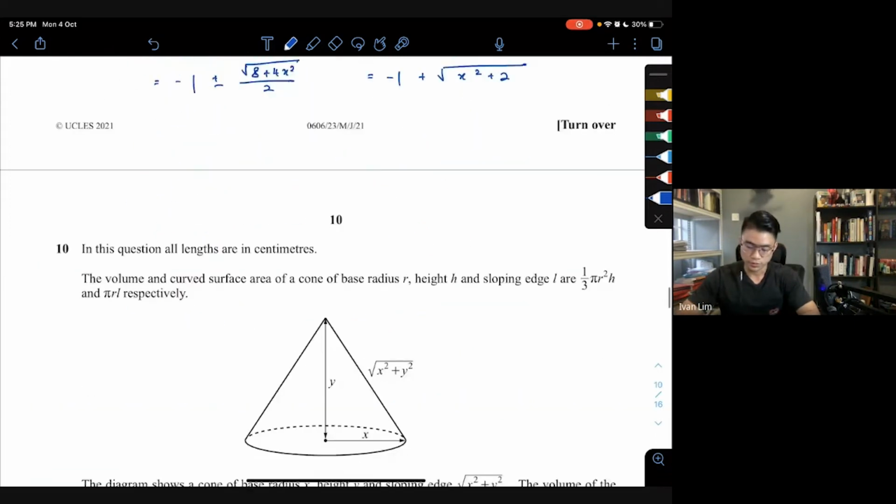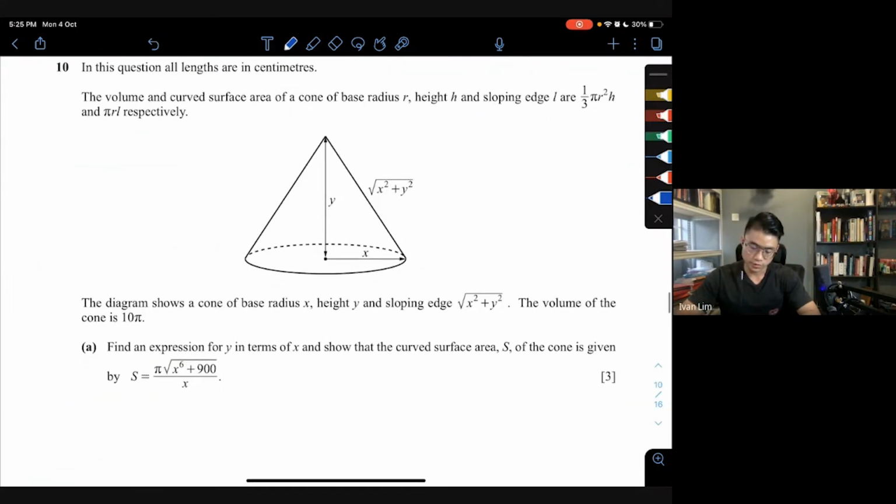Okay, question 10. In this question, all lengths are in cm. The volume and curved surface area of a cone of base radius r, height h, and sloping edge L are 1 over 3 pi r squared h and pi r L. The diagram shows a cone of base radius x, height y, and sloping edge square root of x squared plus y squared.